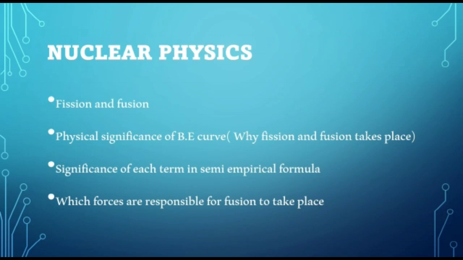And when two small nuclei fuse to give a heavier nucleus with the release of a huge amount of energy, we call that fusion. Then he asked why fission and fusion take place, what is the reason behind this. I explained that the answer can be given through the binding energy curve, that is, the physical significance of the binding energy curve.